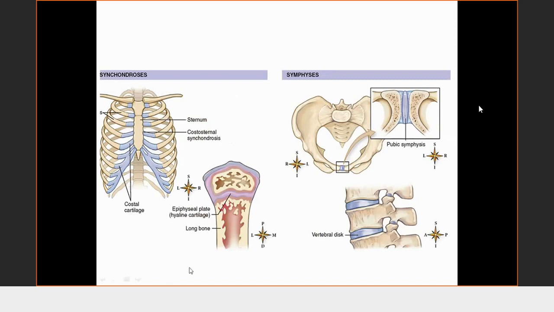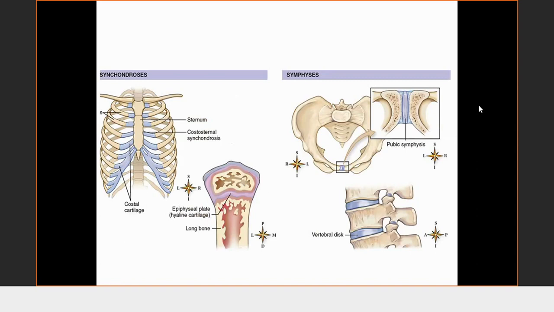This joint is also present between the diaphysis and the epiphysis of the bones. Now in a long bone, the shaft is known as the diaphysis.